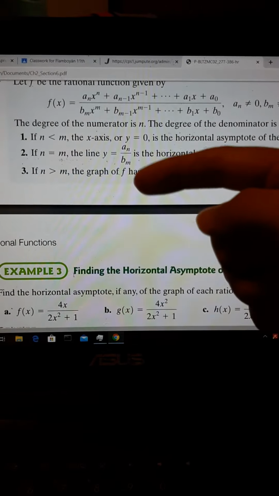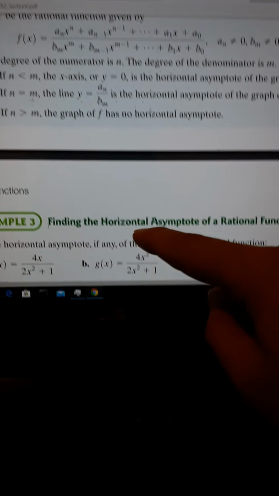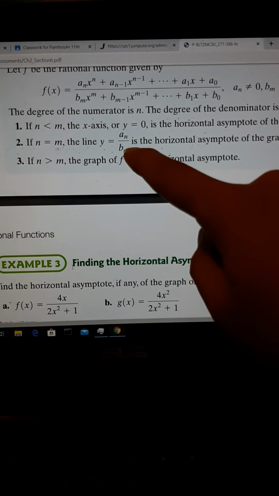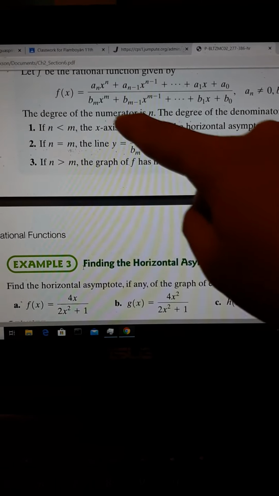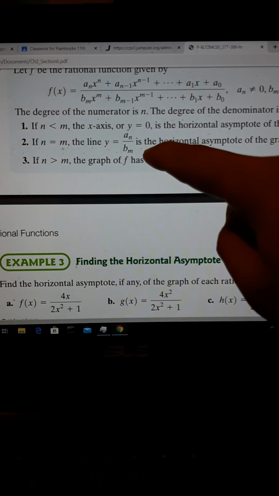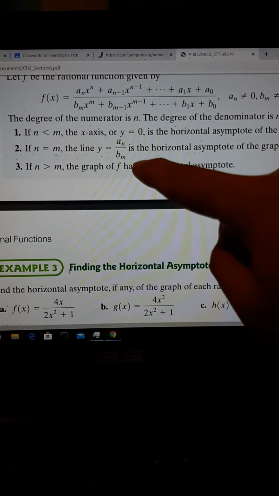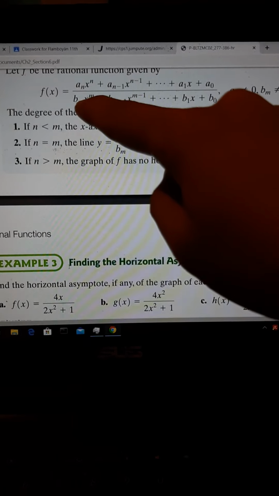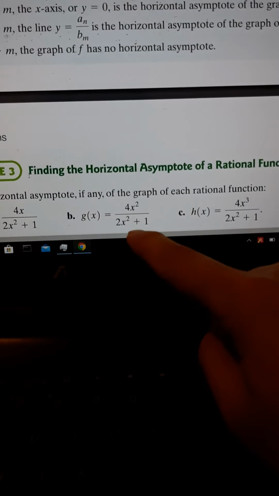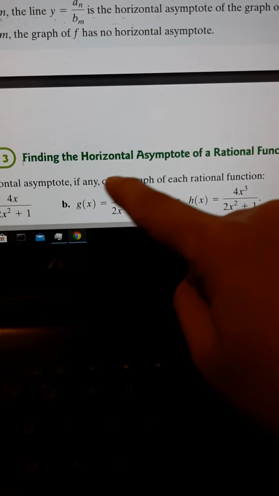The horizontal asymptote should be where we divide both coefficients, where the numerator is the coefficient in the numerator, they're both a's, and the denominator is the coefficient of the one in the denominator, they're both b.